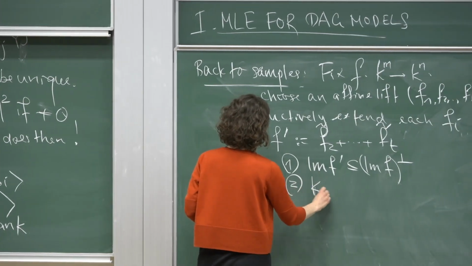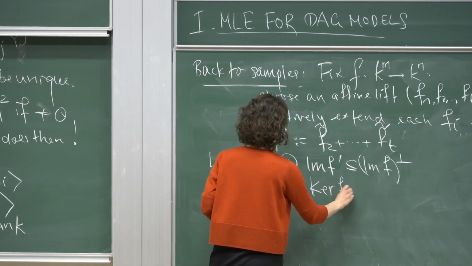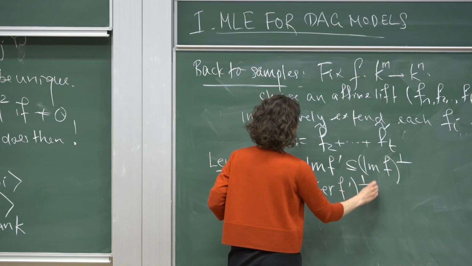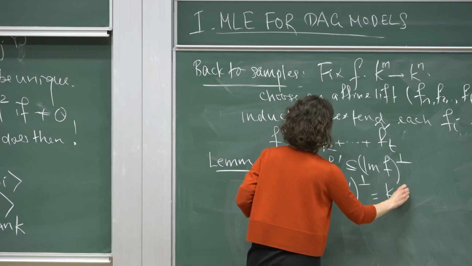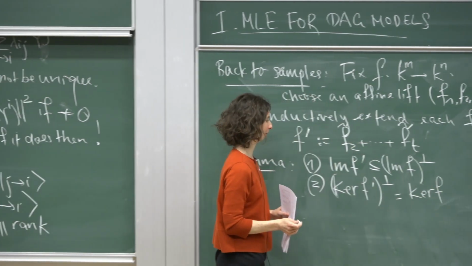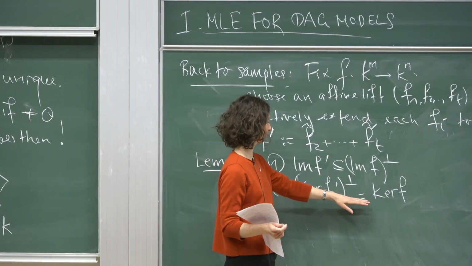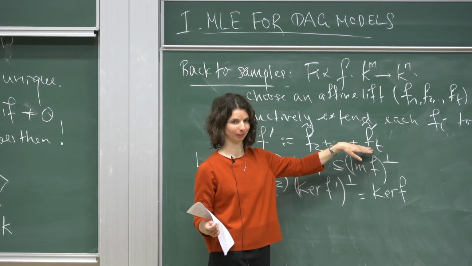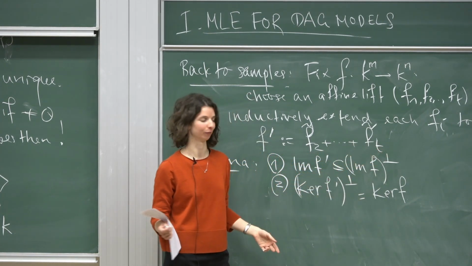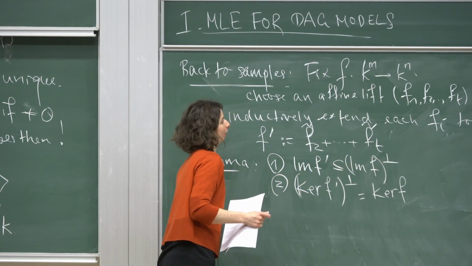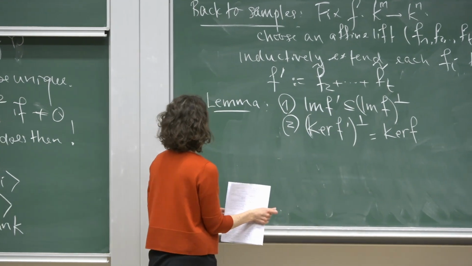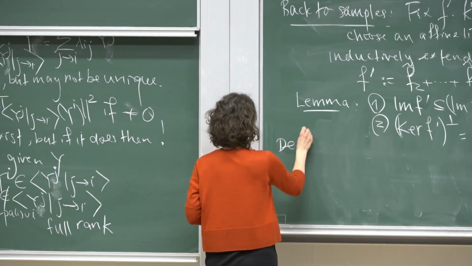And the second condition is that the orthogonal complement of the kernel of F prime is precisely the kernel of F. It's again by a similar strategy. The equality just comes from the fact that you have to stop when you get to a non-degenerate thing. And so this enables us to make this definition.